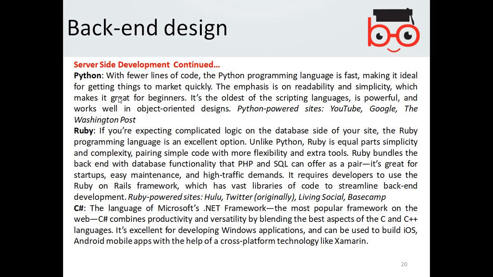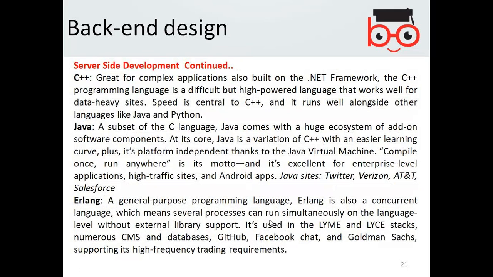So quickly, Ruby is also a kind of server-side programming. C# is part of the Microsoft .NET framework, and it is also a server-side language. So you have a variety, as well as C++. C++ is a very powerful language. Java is also a server-side programming language.